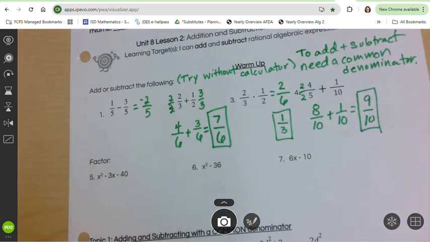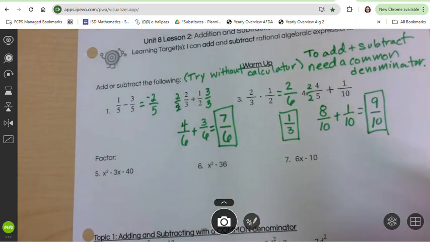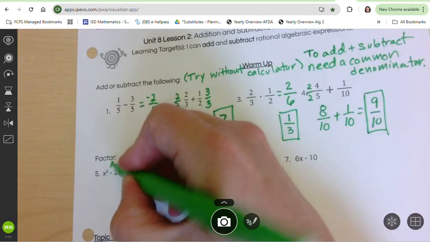All right, so before we move on to factoring, I want to know what questions you have on that. All right, so for factoring, we have 3 different types of problems. The first one, we need to know the numbers that multiply to negative 40 and add to negative 3.